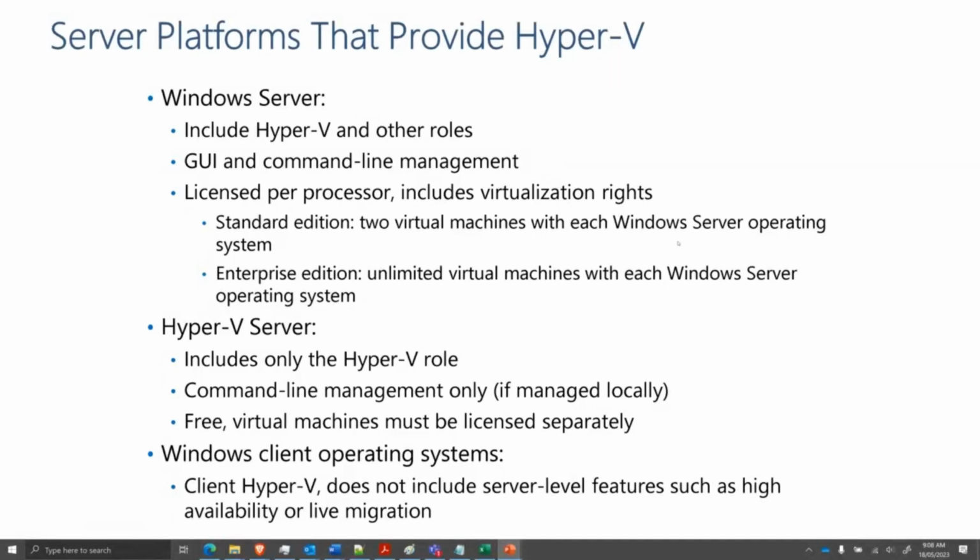So what does that mean? You pay for 1 license, you get 1 physical server, and then you can get 2 virtualized servers, which are Windows Server. So obviously, if you need more than 2 for a Standard edition, then you start paying for that next license, and so forth.